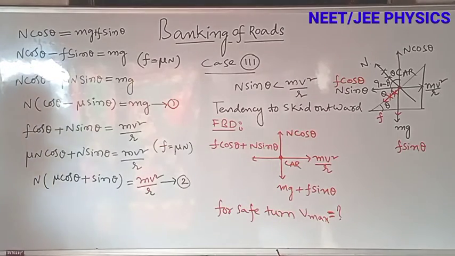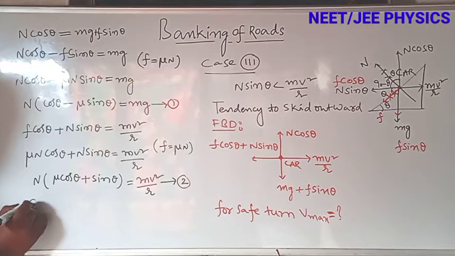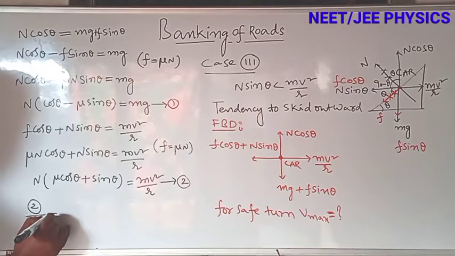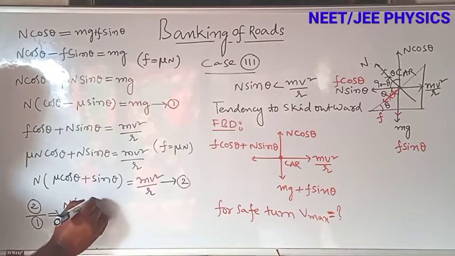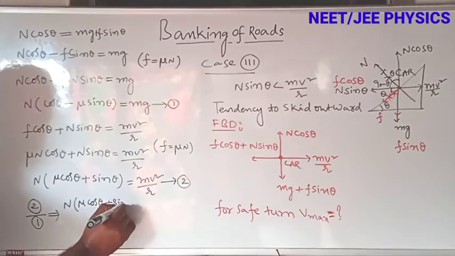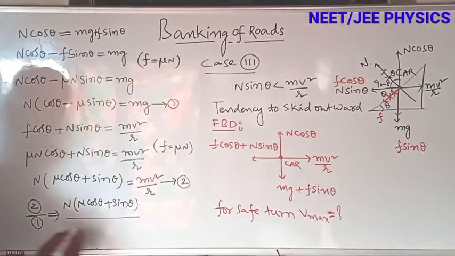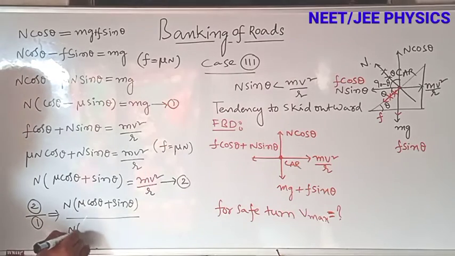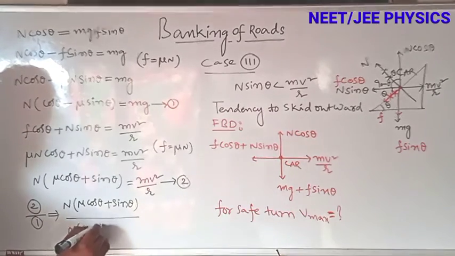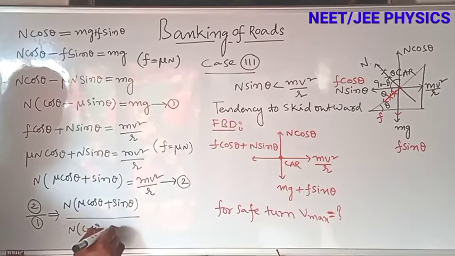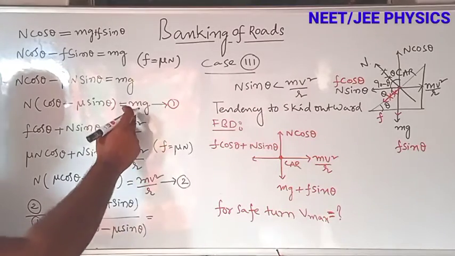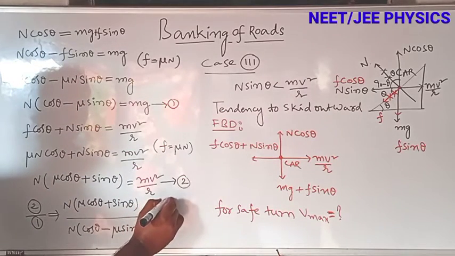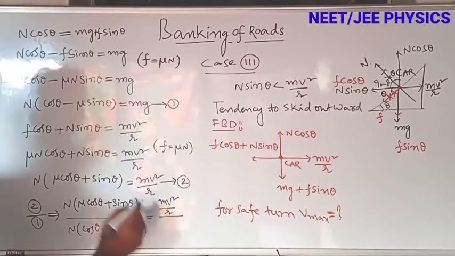Now divide equation 2 by 1. N of mu cos theta plus sin theta upon N of cos theta minus mu sin theta equals mv square by r by mg.